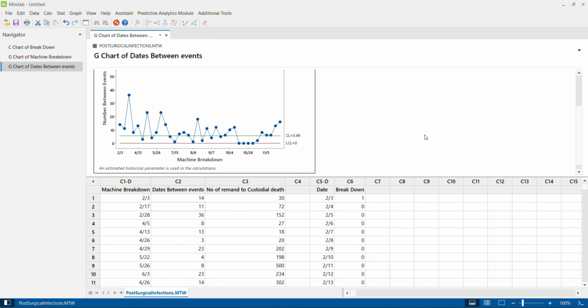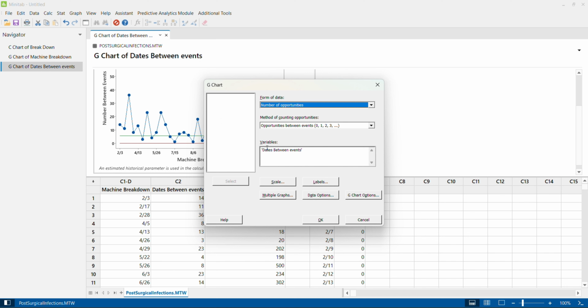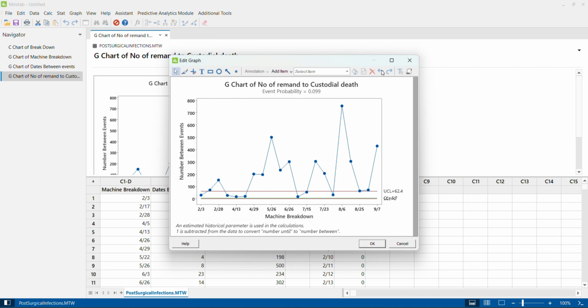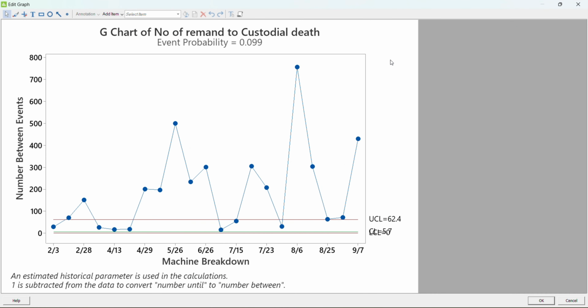Now I press Ctrl E, and this time I select number of remands to custodial death. I select OK, but this time I select the option 1, 2, 3, 4. I say OK, and I get this chart. How do we interpret this chart, or what is the inference from it?